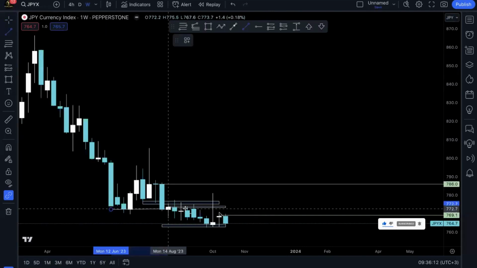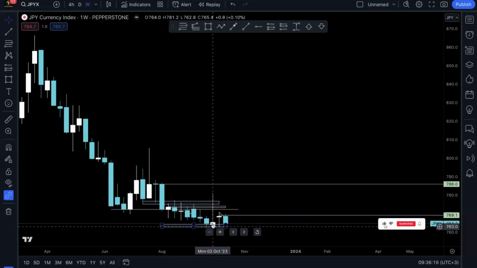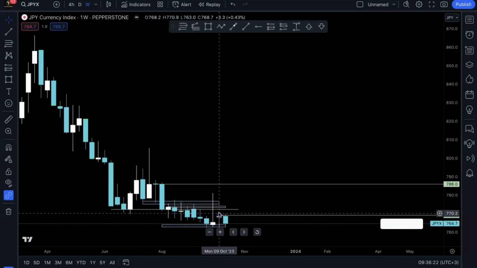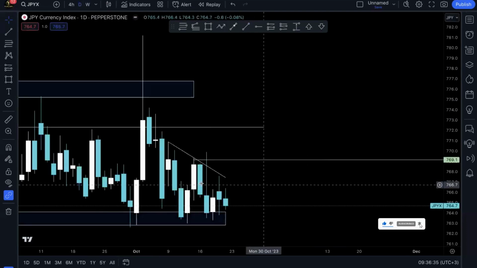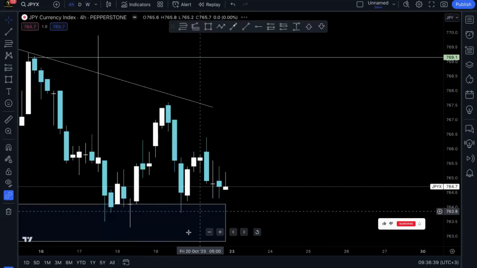So this was the most recent low. Prices broke below that, and then pumped with this spike. They closed with a doji, and then last week prices closed with a bearish engulfing. So we have a possibility of prices pushing lower on JPYX. All right, so that's my view on JPYX.